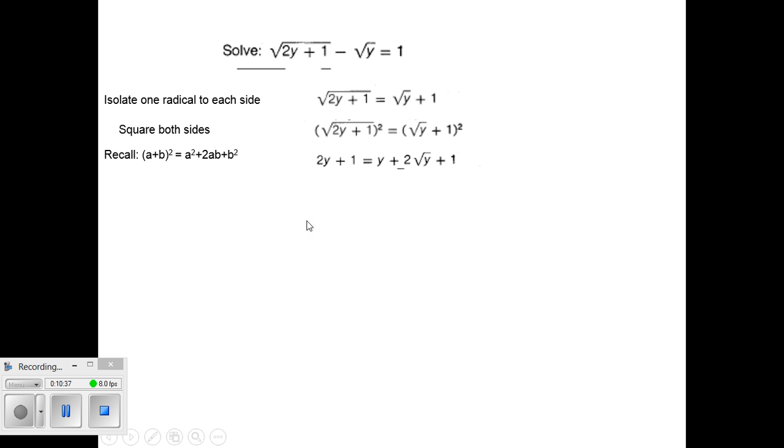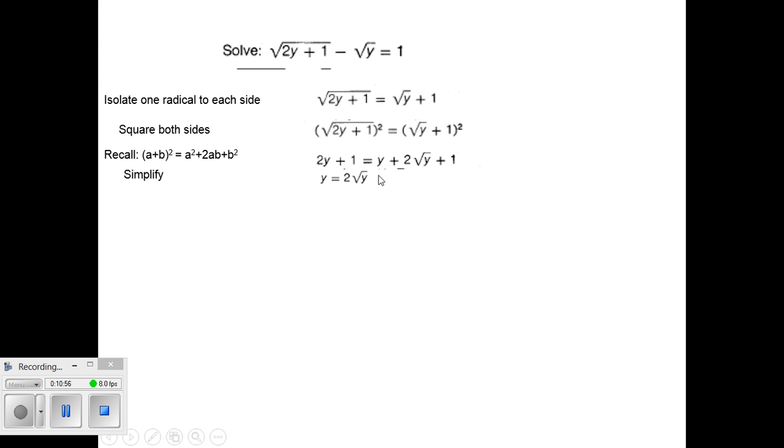But then the middle term is twice the product of these two. So the product of these two is 1 root y. Twice that is 2 root y. So again, we still have a root in our equation. So we want to isolate that.